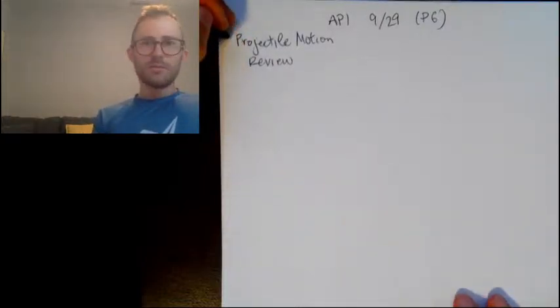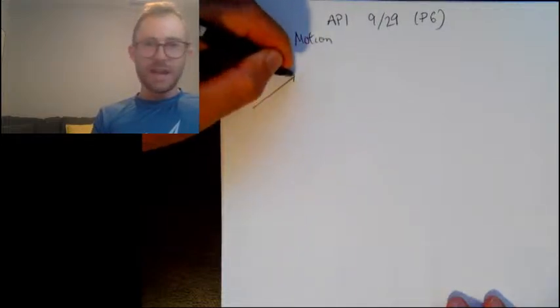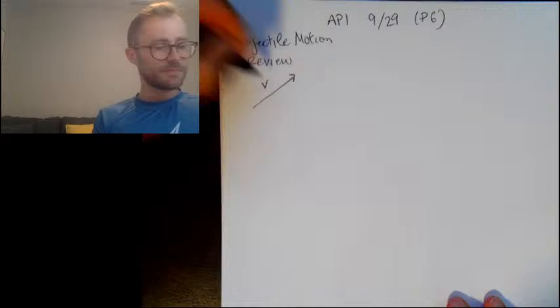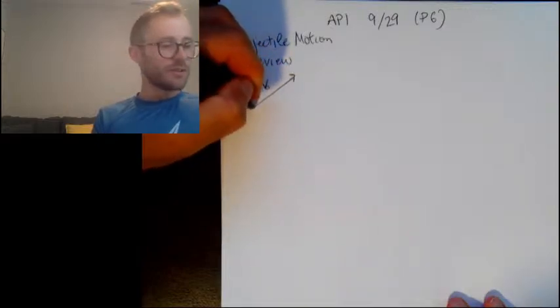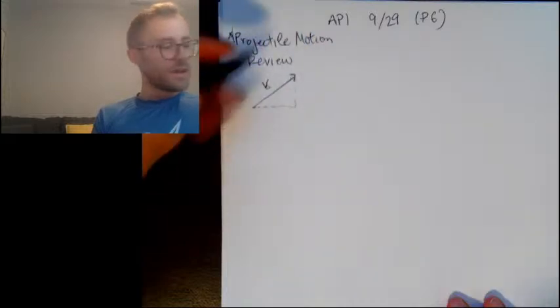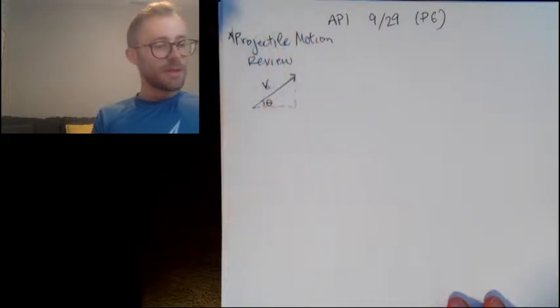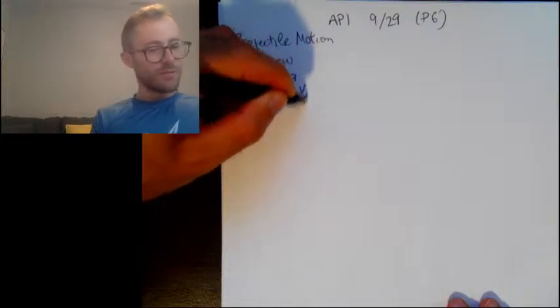The first thing we discussed is if you have a diagonal launch speed, so you launch a projectile with an initial speed v0 at an angle theta. Part of that velocity is vertical, so we called that vy0.